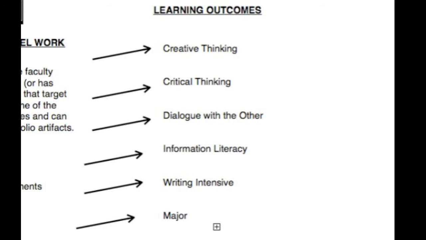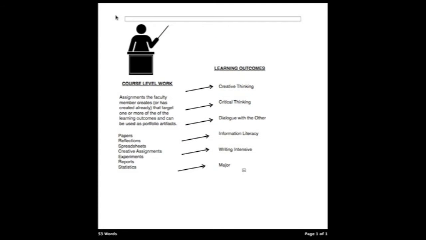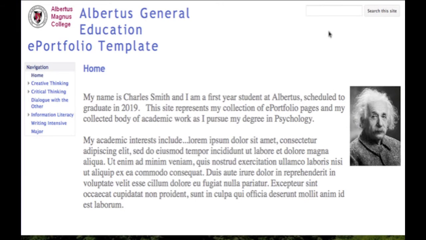The committee, however, decided to update the learning template that was used in Mahara so that the students' learning over time will be more organized and focused. So students will be able to copy this template, and right now we're calling it the Albertus General Education ePortfolio Template, or Albertus's ePortfolio Learning Template.